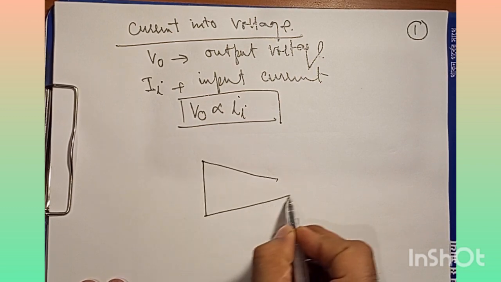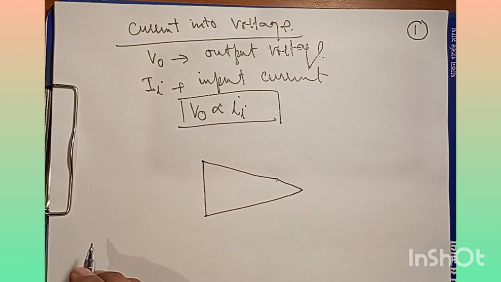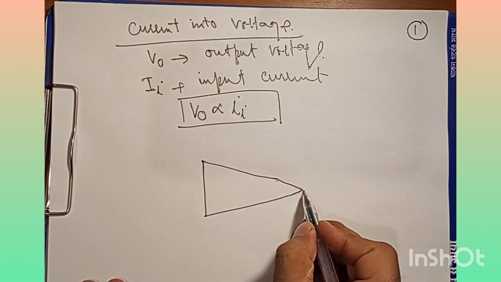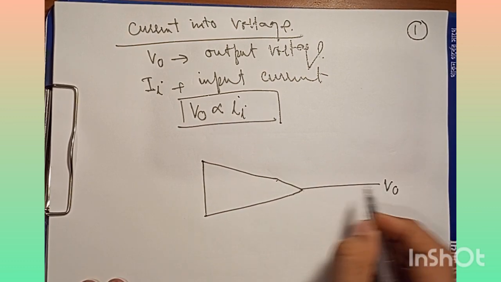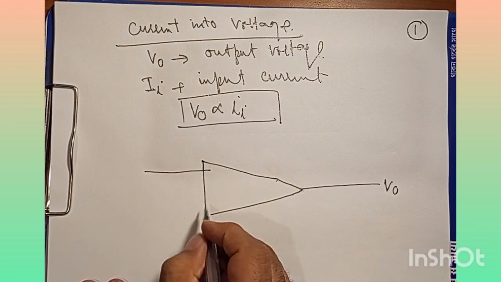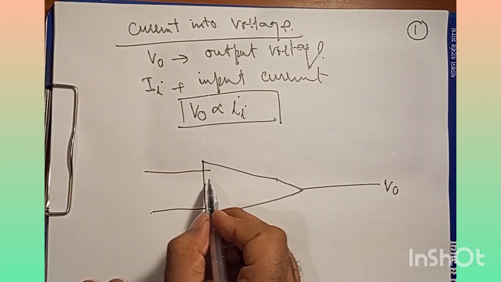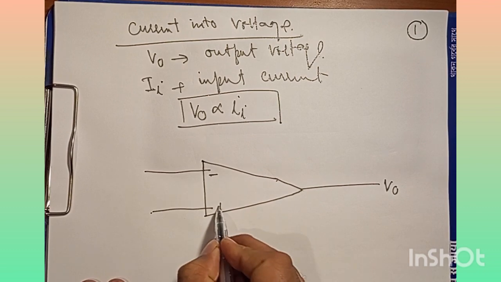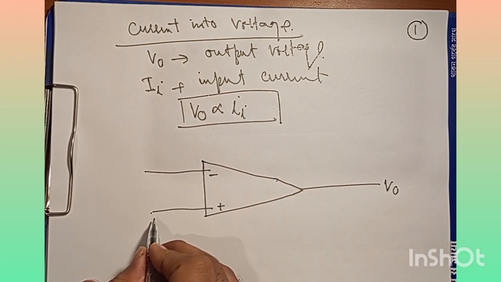So now let's go with the circuit that's used for this kind of job. We have an operational amplifier, and it has an output, and it has two input terminals. One is the inverting input terminal, another is non-inverting.